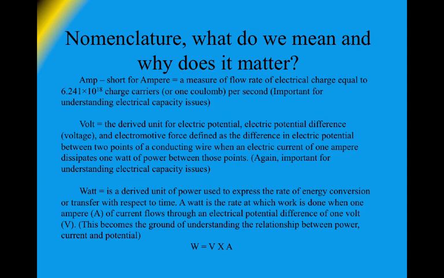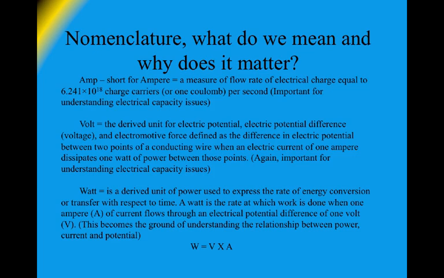Amp, for instance, is short for ampere. An ampere is, of course, a measure of the flow rate of electrical charge. It's equal to 6.241 times 10 to the 18th charge carriers, also known as electrons. This is also equal to 1 coulomb. This is in relative terms based on its relation to time as well.